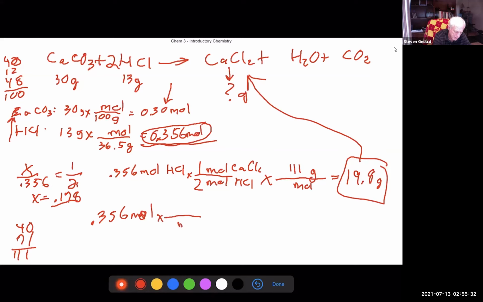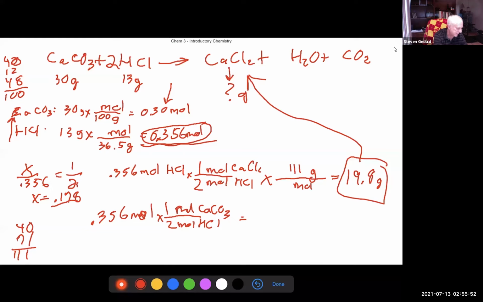So we have moles of HCl to moles of calcium carbonate, and it is a 1 to 2 relationship. That's how many moles we're going to use. So 0.356 divided by 2 comes out to 0.178 moles of calcium carbonate.